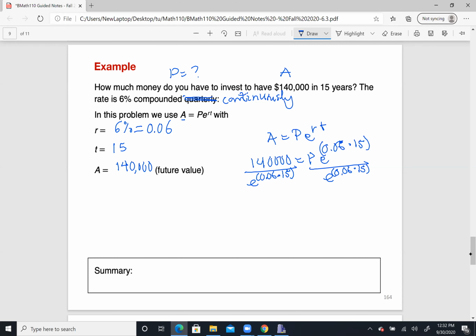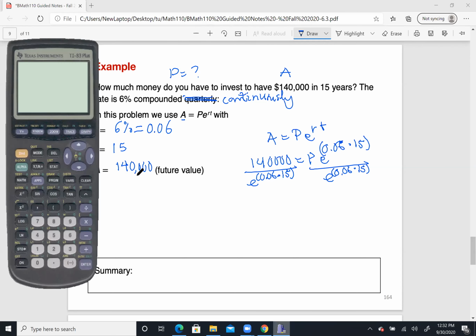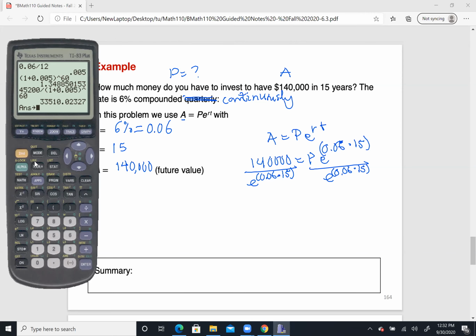Okay, and now you will have the left hand side by using a calculator. So open this, clear. So I have 140,000 divided by, okay, e to the power.